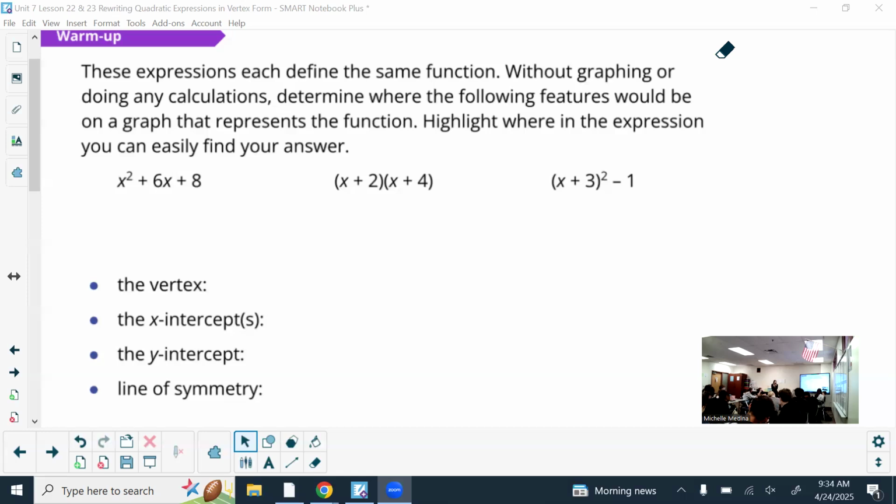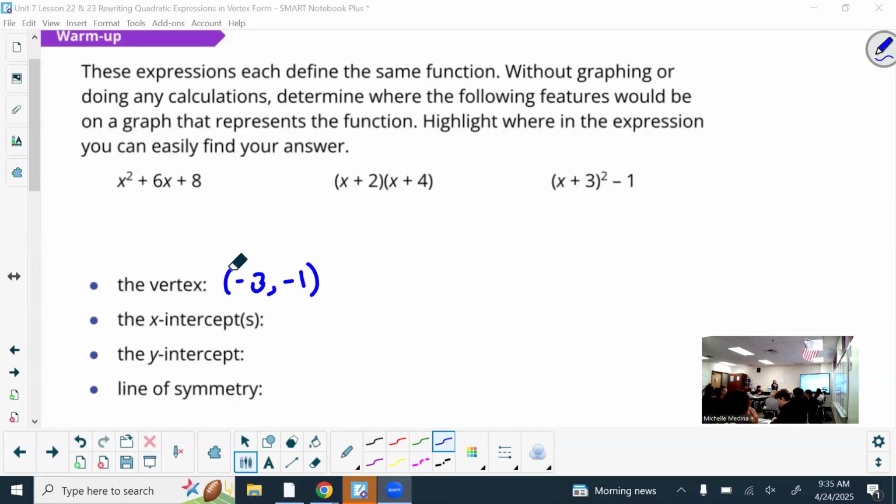So table 4, what did you put for the vertex? All right, so class, you agree with that? In which expression can you easily see the vertex?